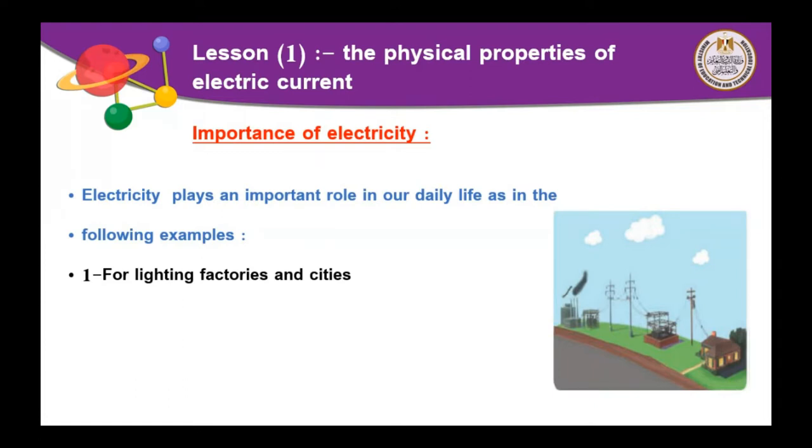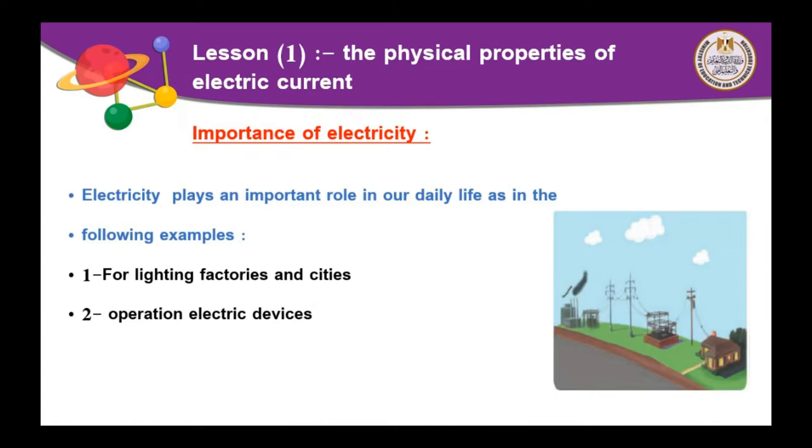Number 2, we use electricity for operating electric devices such as washing machine, electric fan, television, mobile phone, computer.